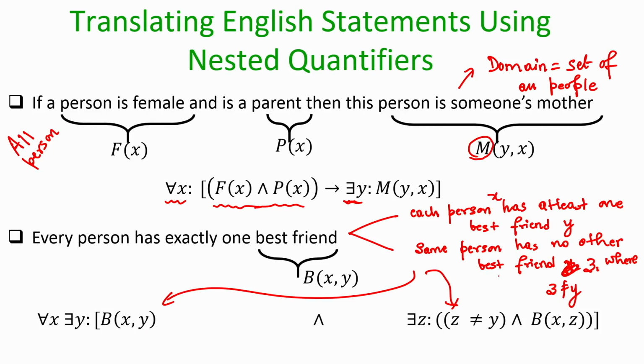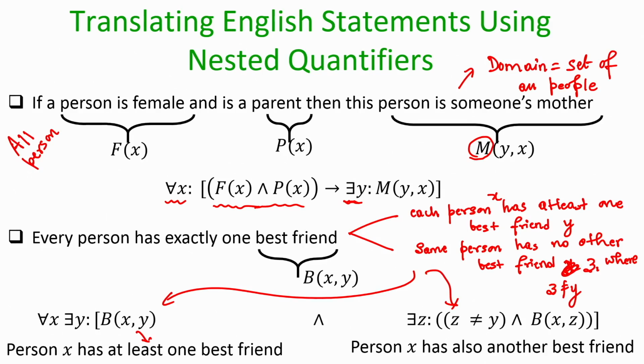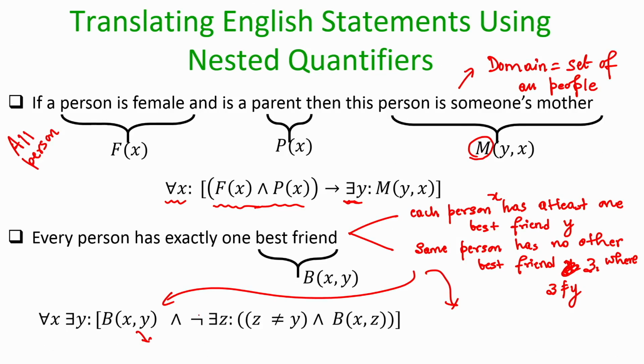And I want to state that for the same x there is no different person z different from y who is also the best friend of x. That should not be possible. Okay. So, the first part of this expression represents that person x has at least one best friend, and the second part of the expression represents that person x has the possibility of a second best friend as well. I want to avoid that, and that is why I put a negation in front of that.